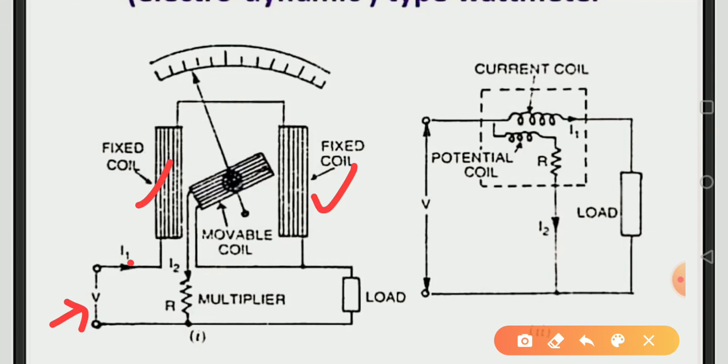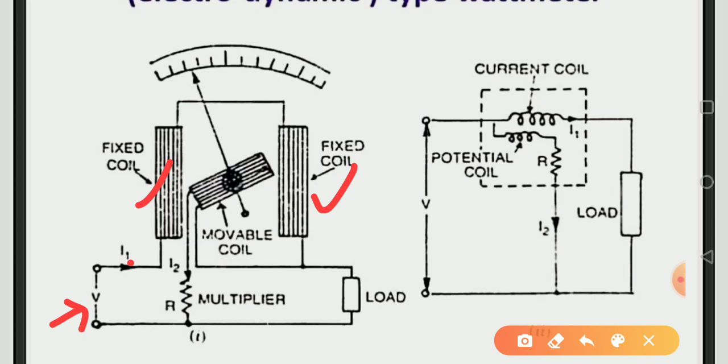When the supply is given to the movable coil, these two coils produce a magnetic field. Due to the interaction of these magnetic fields, a deflecting torque is produced on the movable coil.